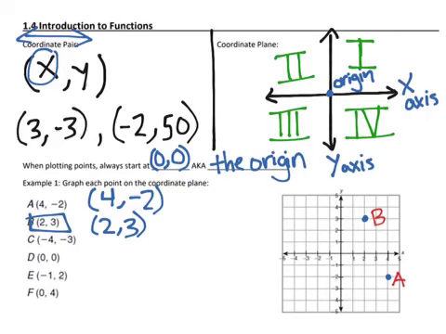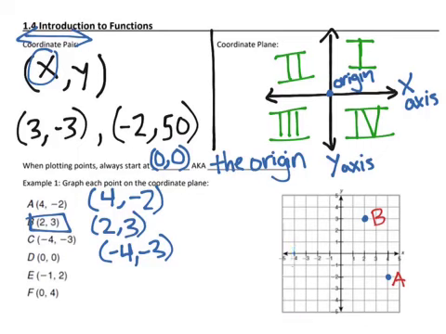So we've got point C at negative 4, negative 3. That's the coordinate pair for point C. Now if we have a negative in the x value, do you think we're still going to go right? No, we're going to go left 4. So we know that our point is going to be in this line because we went left 4 to negative 4.